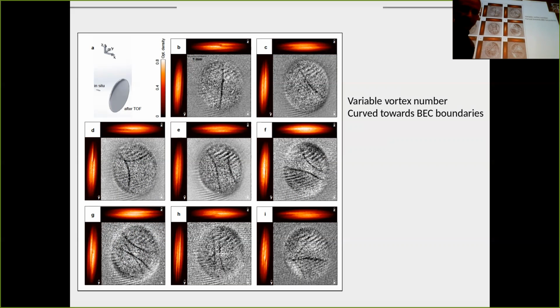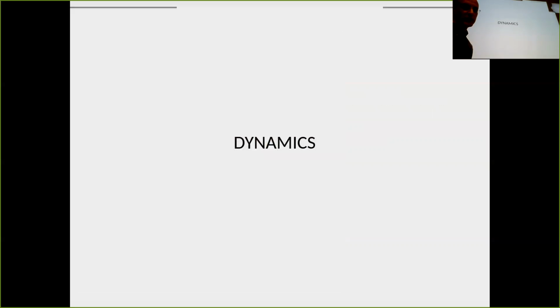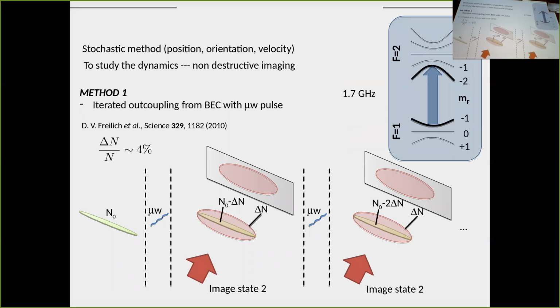So in order to push in this direction, we developed an imaging method that was pioneered by David Hall at Amherst, which relies on the fact that typically we produce the condensate in an internal hyperfine state which is not the one typically used for imaging. This F=1 state is dark to the imaging that employs the ground state level and an electronically excited state above.